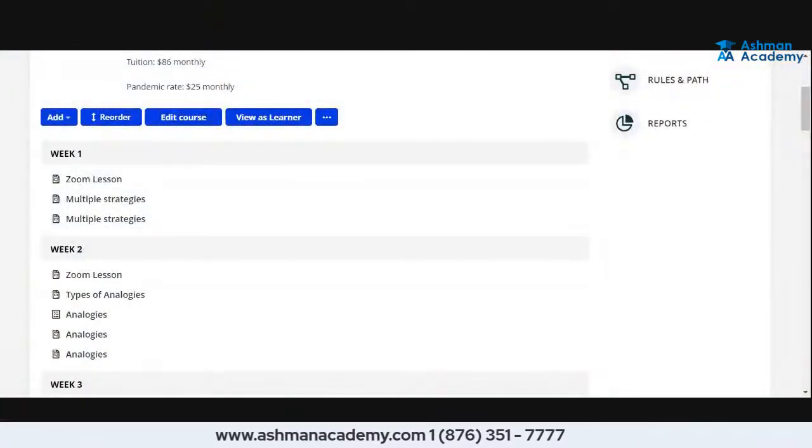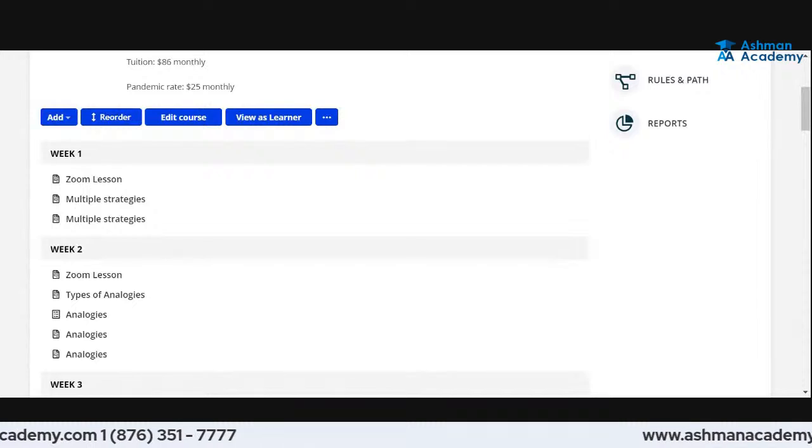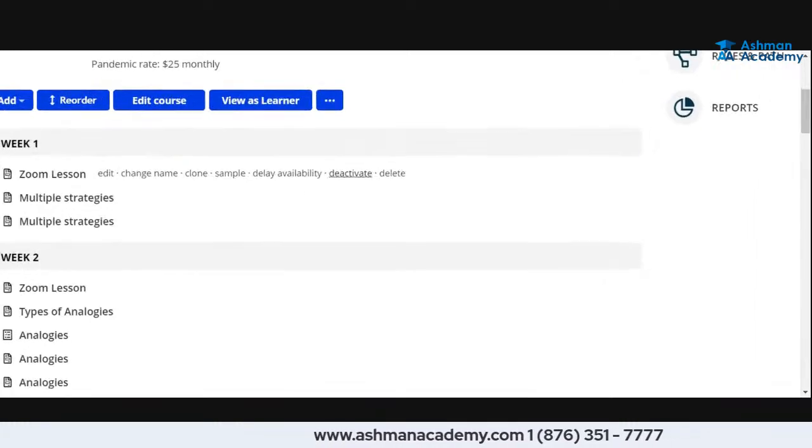All right, so I'm going to go to courses and I'm going to go to ability test. All right, so we have our ability test right there. I'm logged in and I'm sharing my screen and we have the ability test course on screen. Now, let me tell you a little bit about how this is organized, guys.